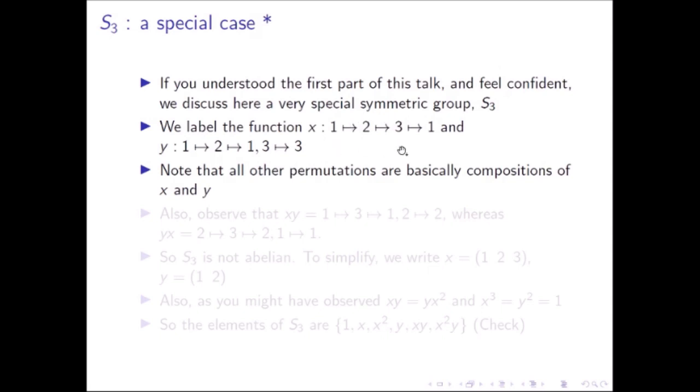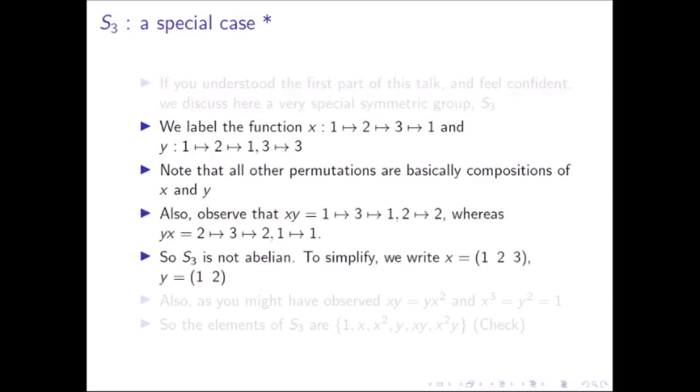This notation is basically transitive, so it states 1 is going to 2, 2 is going to 3, 3 is going to 1. So we have something like a cycle over here, (1 2 3). And Y is 1 goes to 2, 2 goes to 1, and 3 goes to 3. Both of them are in S3, right? It's easy to see. We now want to prove that all other elements of S3 are basically compositions of X and Y, and the identity, of course.